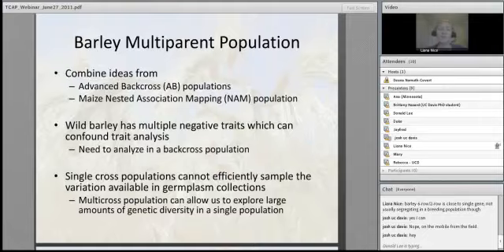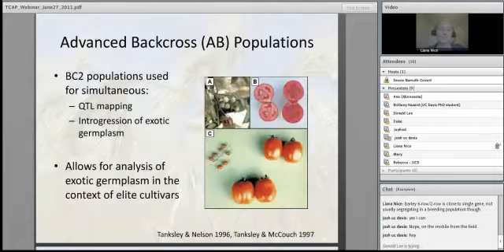And additionally, the multi-parent part is that single cross populations can't efficiently sample variation available in germplasm collections. So the multi-cross population can allow us to explore large amounts of genetic diversity in a single population.